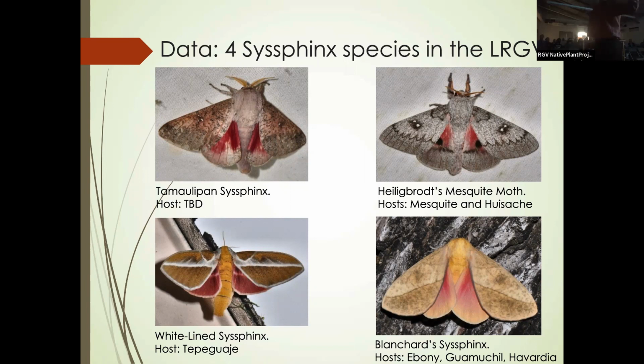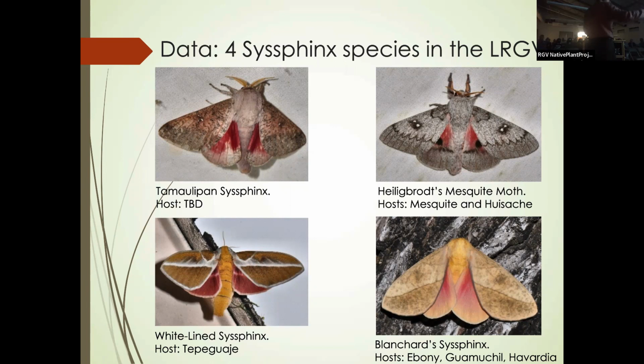And we knew that the mesquite moths ate mesquite, and also Huisache and maybe Huisachio, anyways, Acacia farnesiana and Acacia schaffneri. Blanchard's eats mainly ebony.